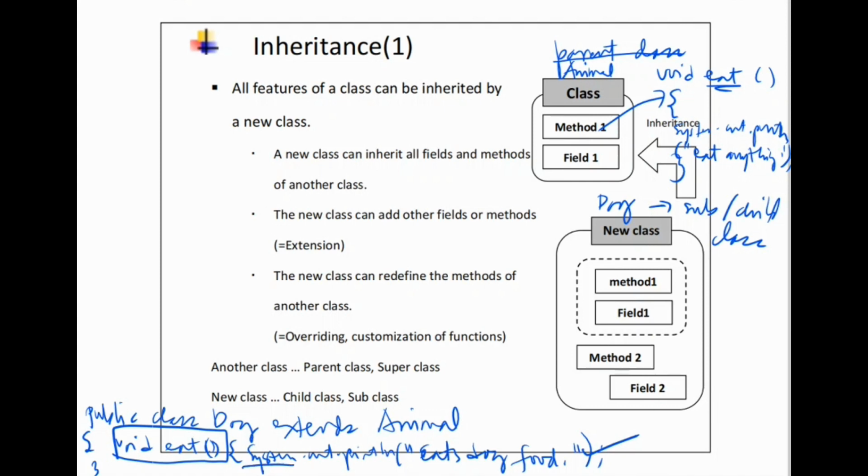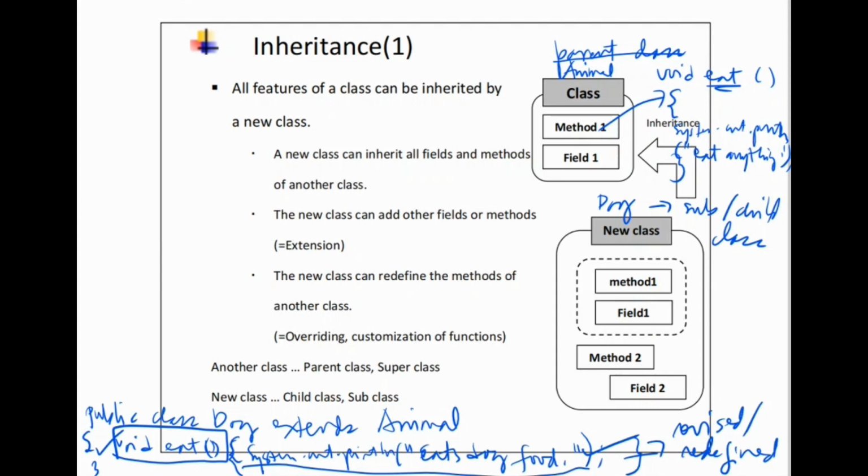Okay, that's the implementation. The statement inside the curly braces of this method void eat is the revised or the redefined method which is inherited from the parent class Animal.